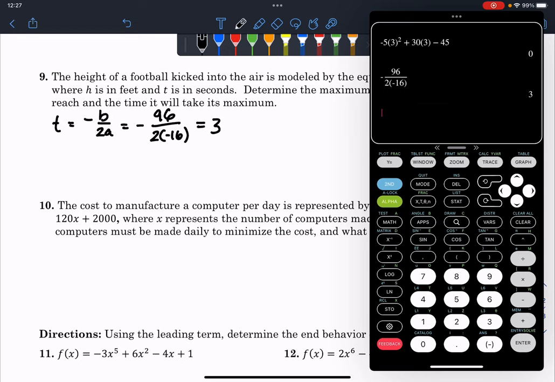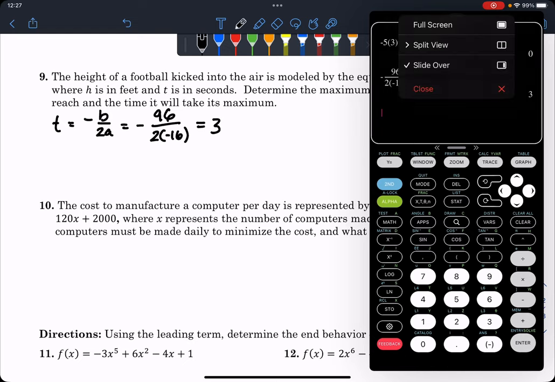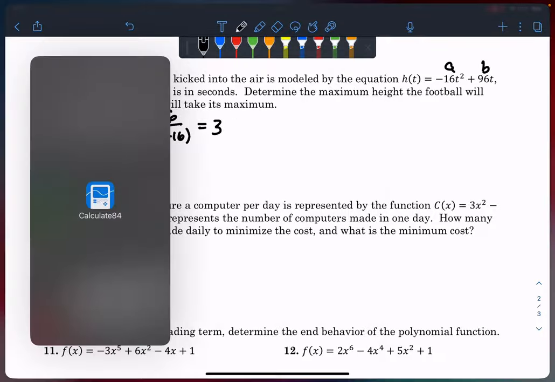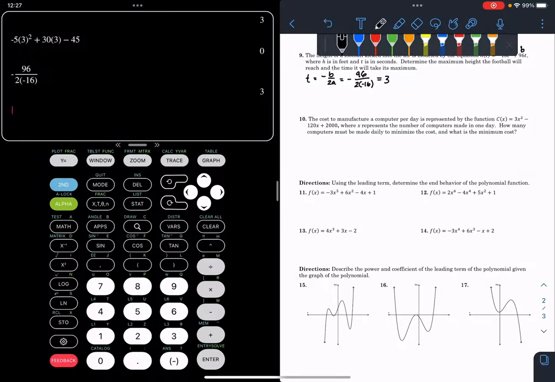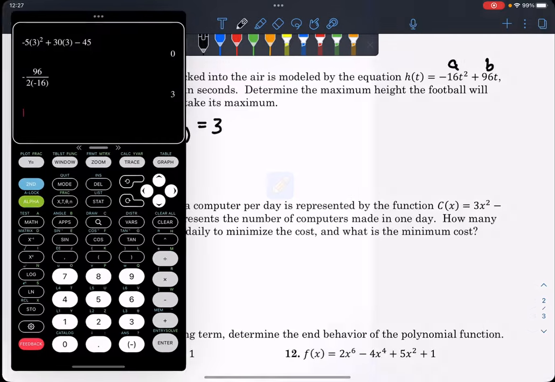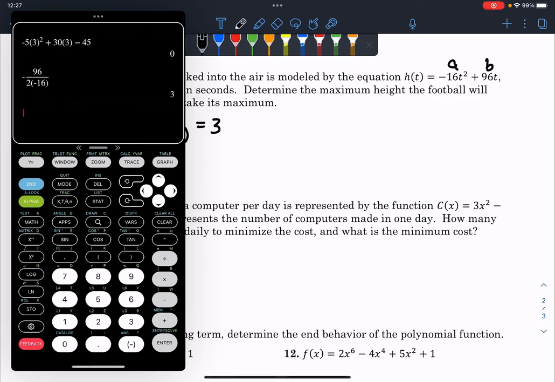Now to figure out what the actual height is, we're going to plug that 3 into the function. So we're going to evaluate the function h of t when the time is 3. So negative 16 times 3 squared plus 96 times 3.